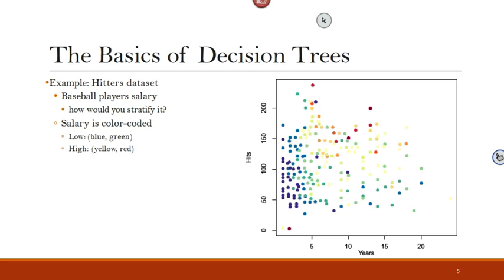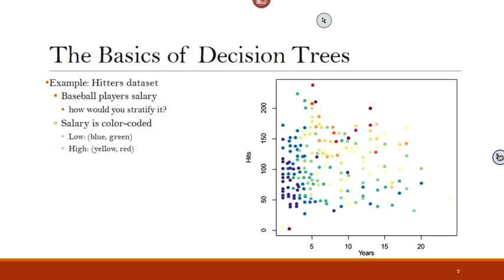Manual. Without knowing their salaries? No, you have the salaries. You know the outcome, either a salary or a class of low and high. But which predictor should you select first to make the root, and the cut point? In our case, it was years and 4.5. Why was that the first selection?